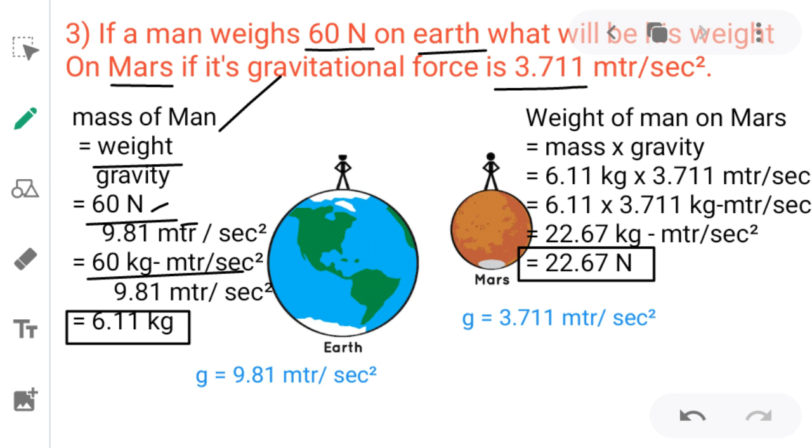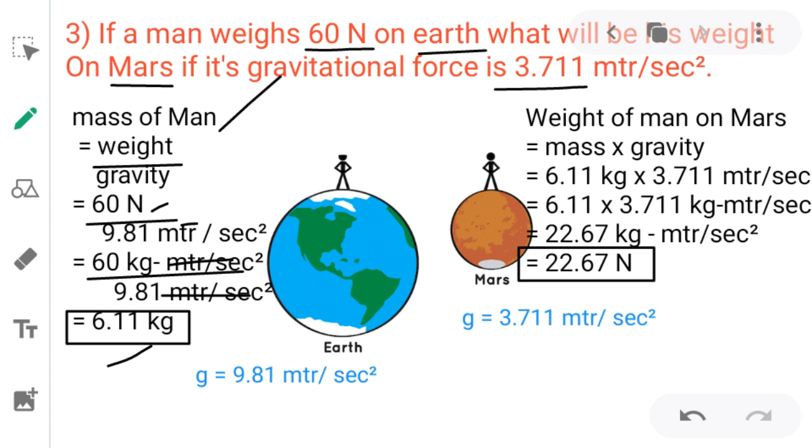Newton, as we know, is equivalent to kg meter per second square. Here meter per second square cancels with meter per second square. 60 divided by 9.81, we get 6.11 kg. So mass of man is 6.11 kg. This will remain the same on Mars also.